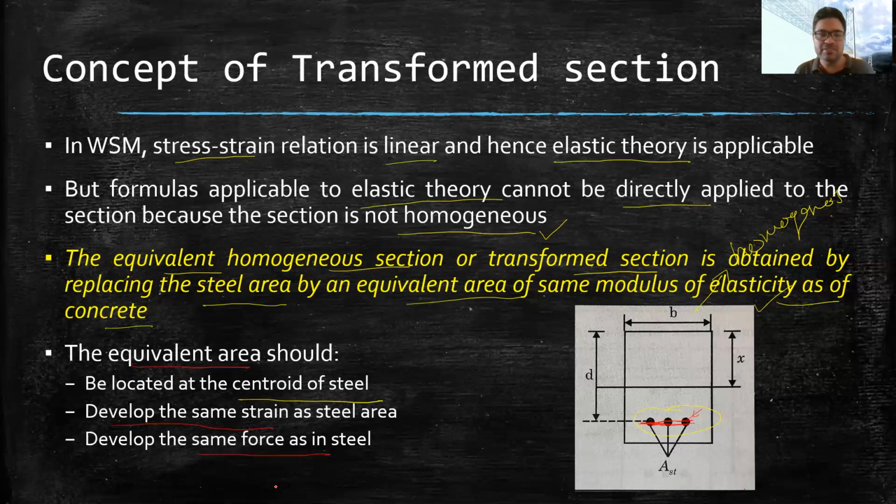I mean, the force which is experienced by the steel will be the same in the case of the equivalent area. Now we will use these two concepts to develop some relationships. You will see that in the next slide.